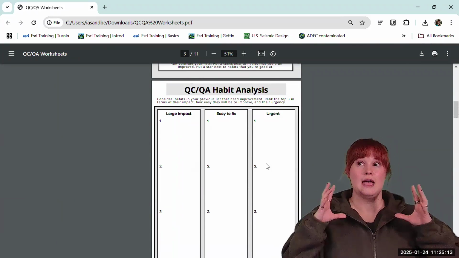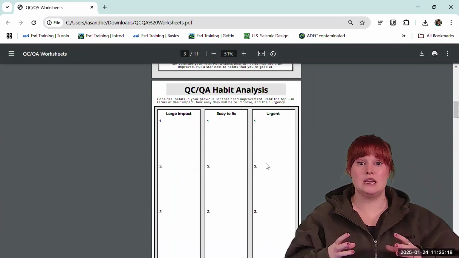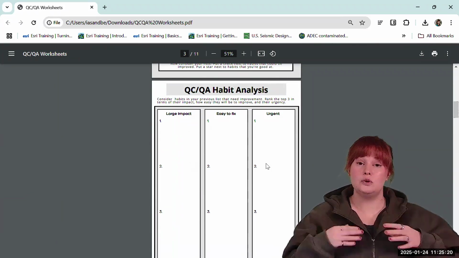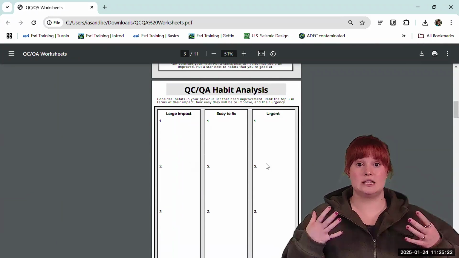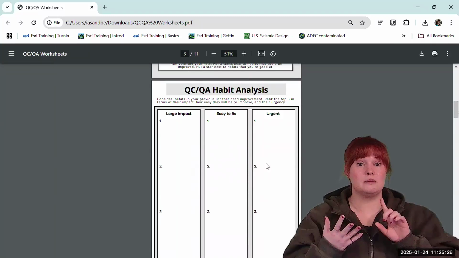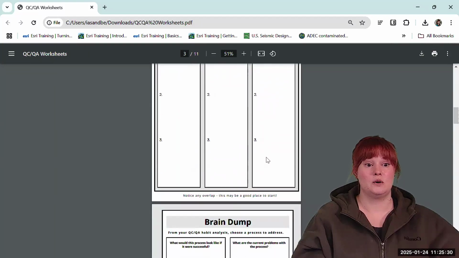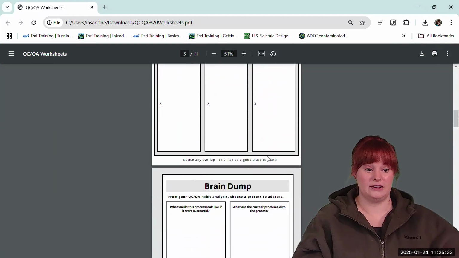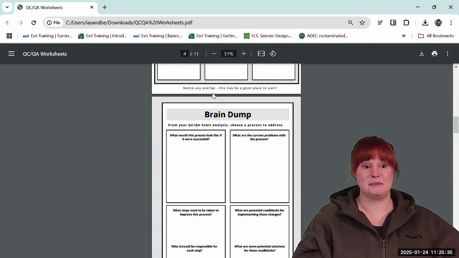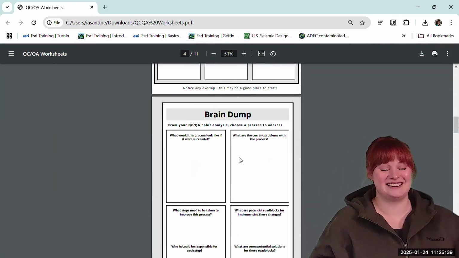But this should hopefully help you to prioritize and zero in on what's going to be the thing that if you put the effort into improving is going to be the most easy, the most impactful, and also in terms of urgency for your agency or organization to get finished. I see at the bottom here, we've got notice any overlap. This might be a good place to start.